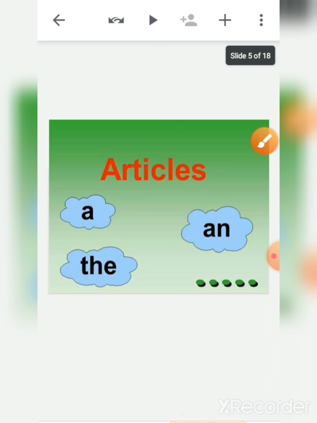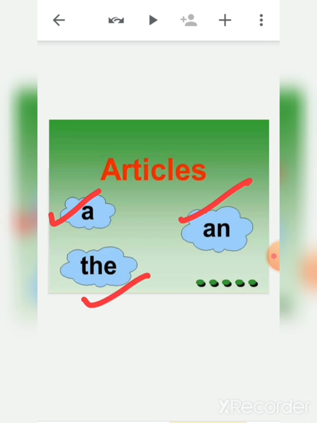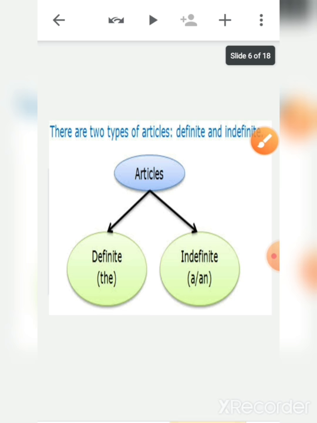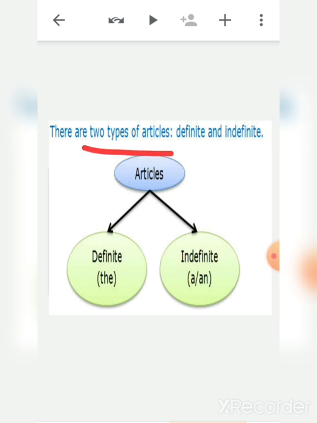Okay, so there are only three articles, children: a, an and the. A, an and the are what? Articles. There are two types of articles, definite and indefinite.